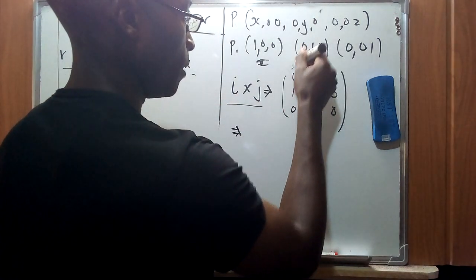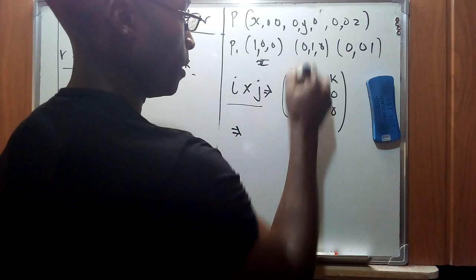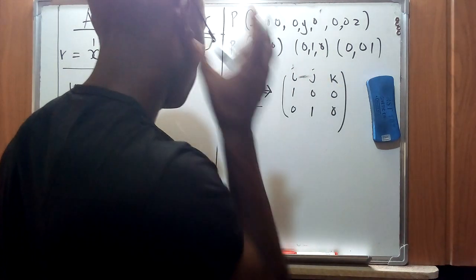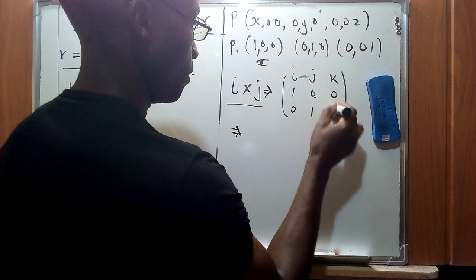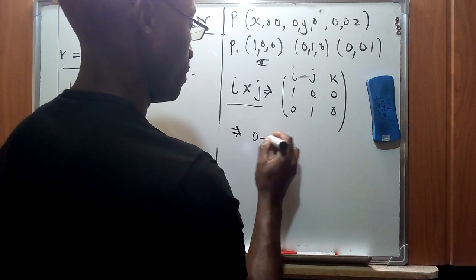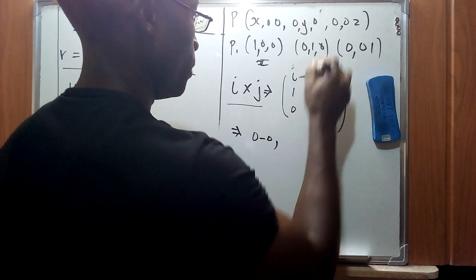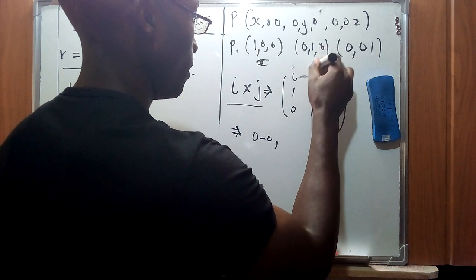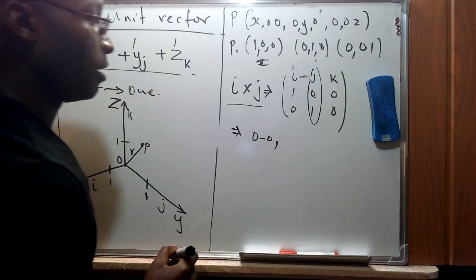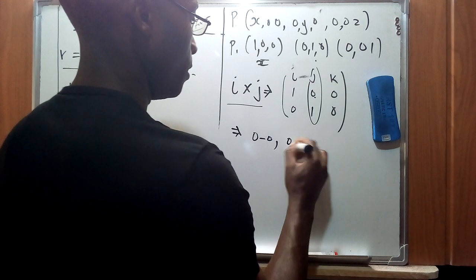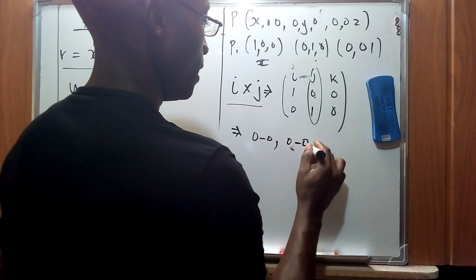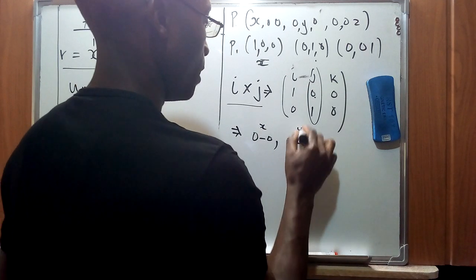Therefore, we ignore the first component, the i component, and we find that the first, which is for the x, is represented by 0 minus 0. Then we ignore the second column and find the product for this, which is still 0 minus 0, for y.